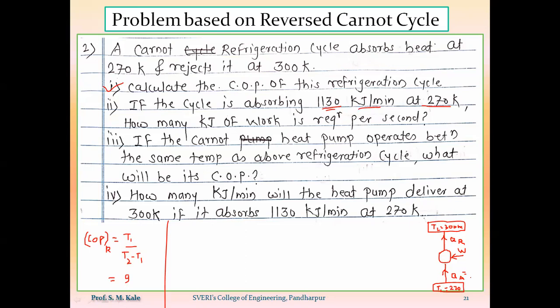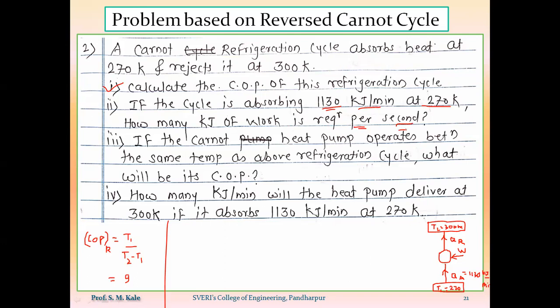What is the value of QA? 1130 kilojoule per minute. How many kilojoule of work is required per second?